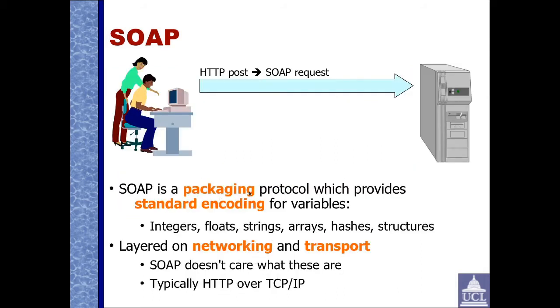SOAP is in fact just a packaging protocol. So it's a way of packaging up data, including variables, and it has a standard way of encoding things like integers, floating point numbers, strings, arrays, hashes or dictionaries, structures, and so on. And all these things are packaged by using XML.